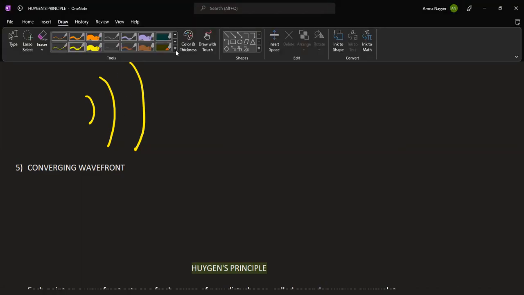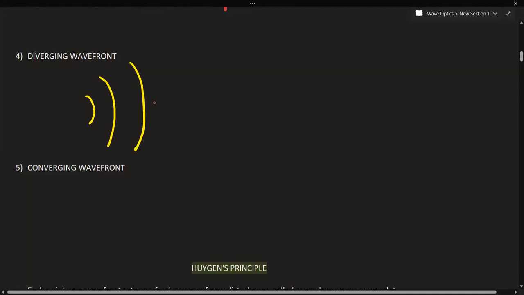Now if I draw rays, and rays are always perpendicular, so perpendicular to this, if this is the source of light, let's say, perpendicular to this will be like this, then perpendicular will be this, and another ray that is perpendicular will be this.